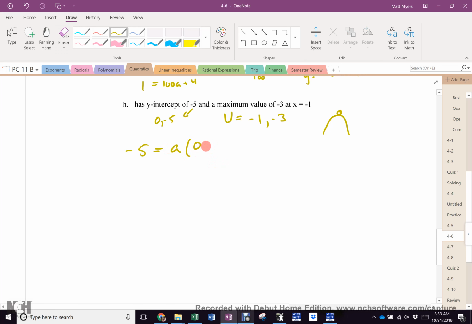Then what? Plus 1 squared minus 3. Yeah? What's 0 plus 1? What's 1 squared? So a minus 3 equals -5. Now what does a equal? -2. So what's our equation?